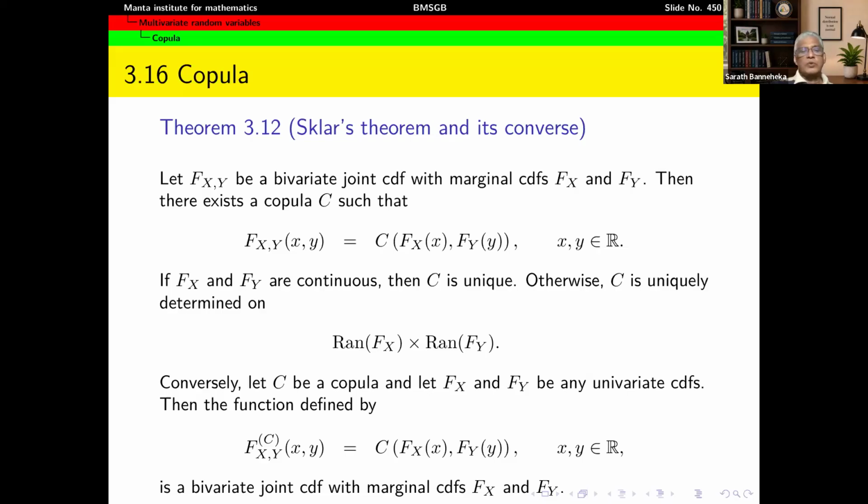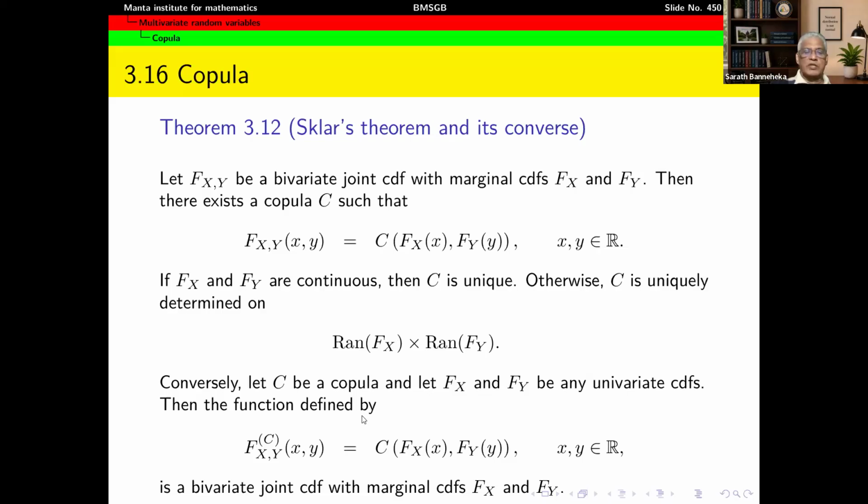Right. So now we will look at, first of all, what this unique C looks like. What is the form of this unique C if X and Y are continuous, and if Fx and Fy are continuous CDFs.